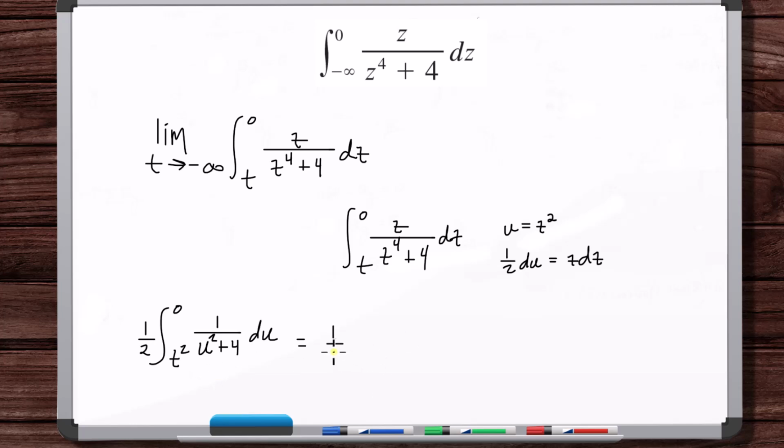So 1 over 2, we'll combine that with the 1/2, arctangent of u over 2. And we want to evaluate this from t squared to 0. So arctangent of 0 is 0. So we just have minus 1/4.